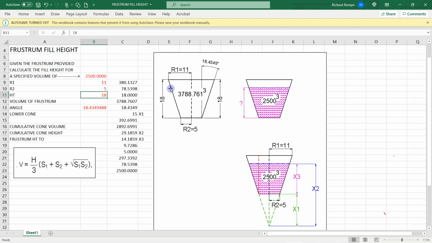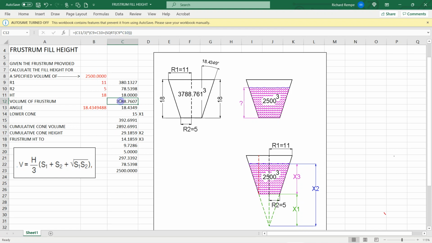You could also have an open-ended frustum, and you would just need the angle. In this case you want to calculate the volume of the frustum, which is h divided by 3, here 18 divided by 3, times the area of surface 1 plus the area of surface 2, plus the square root of area 1 times area 2.